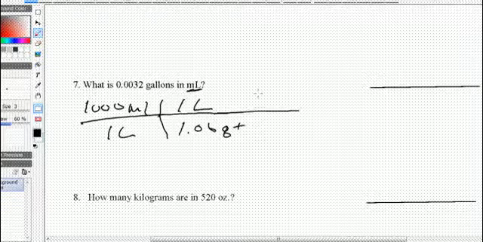You know there are 4 quarts in a gallon. Take a pause.